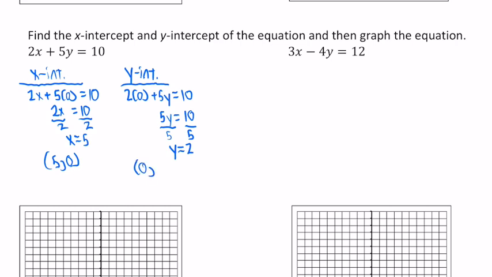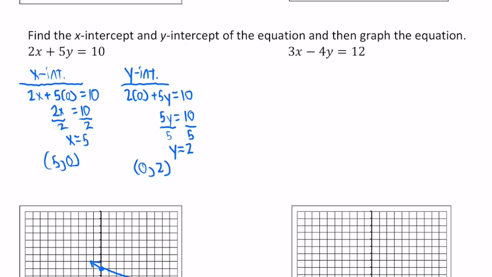We put in 0 for x and got 2 for y. The point (0, 2) will be on our graph. To finish, we draw a straight line through those points and stick arrows on the ends. If you would like to try the next problem on your own, pause the video now and resume when you're ready to see the solution.